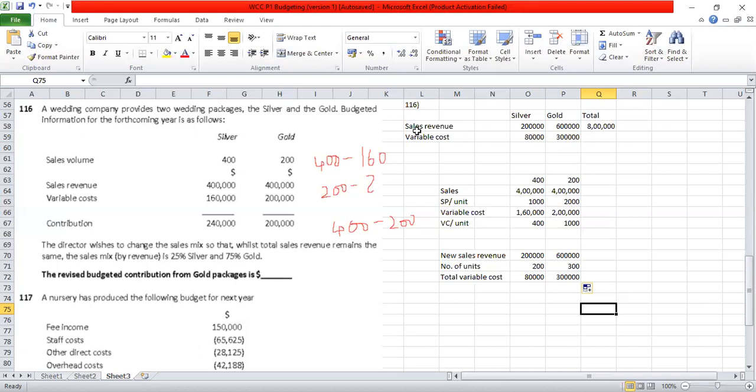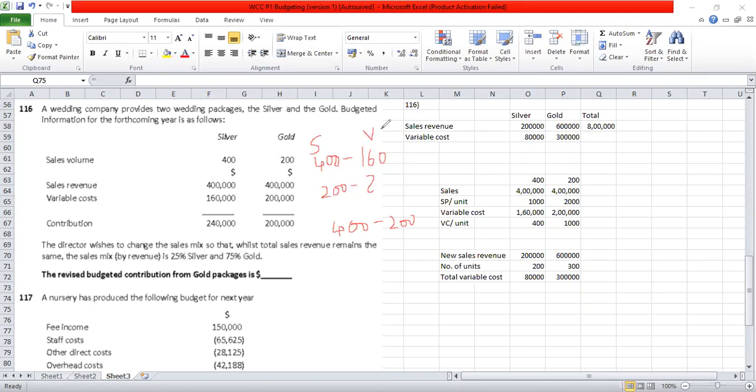So the logic for silver is, if it is for 400 units or 400,000, because we are taking it as the total sales revenue, for 400,000, if the variable cost is 160,000, when the sales revenue changed to 200,000, how much is the total variable cost? So we got the total variable cost to be 80,000 for silver. For gold also the same logic. For 400,000, this is sales, this is variable cost, let me put it here.